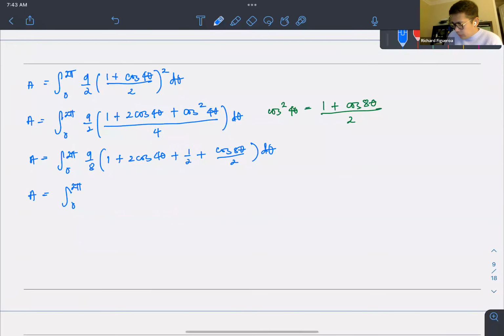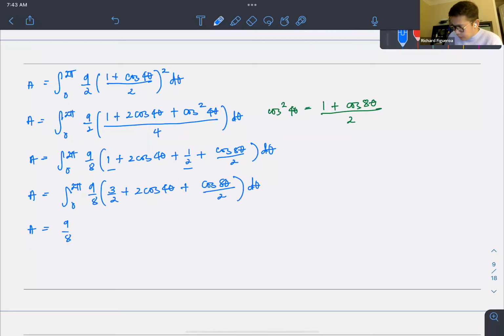Okay? So from 0 to 2 pi, so 9 all over 8. So 1 plus 1/2, that is 3 over 2. Then plus 2 cosine 4 theta. Then plus cosine 8 theta all over 2. D theta. So I can now integrate that.